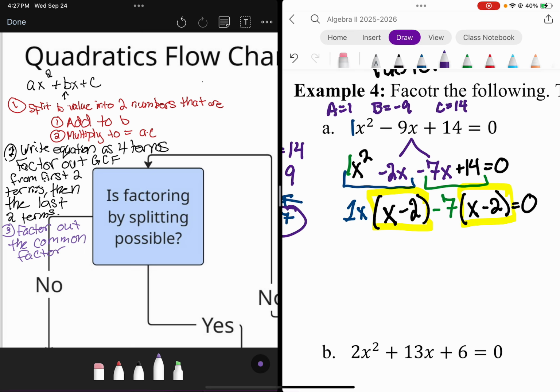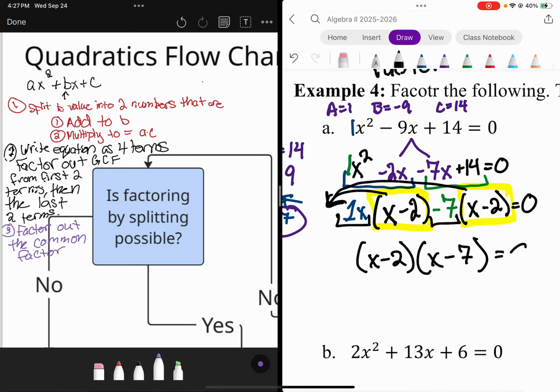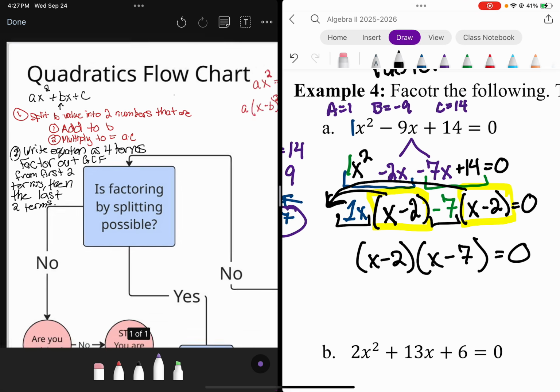So we're going to factor that out into the front of our problem, x minus 2. So if we pull the x minus 2 out to the front of our problem, we are going to have an x and a -7 remaining. Those are both going to go into their own set of parentheses, so x minus 7, and that will equal 0. This is how you would factor by splitting.